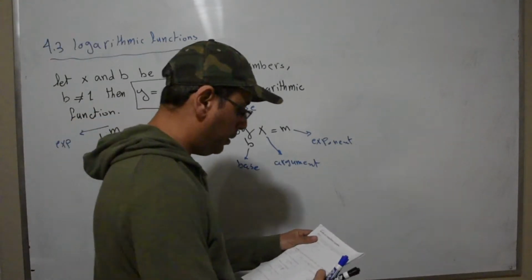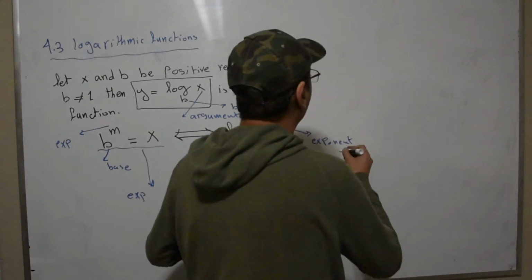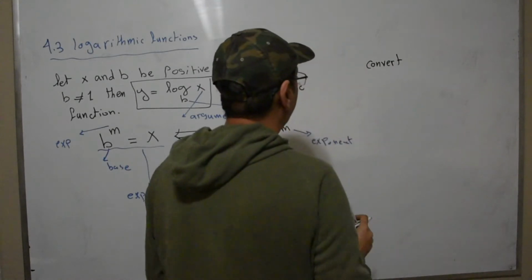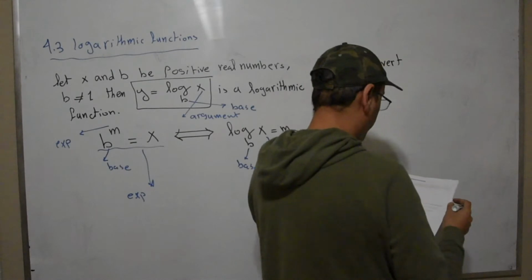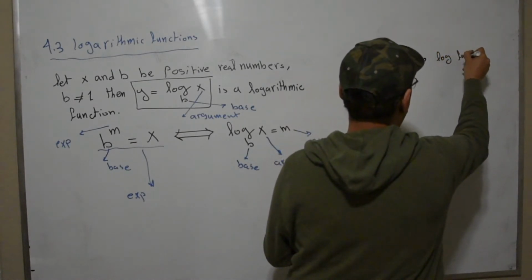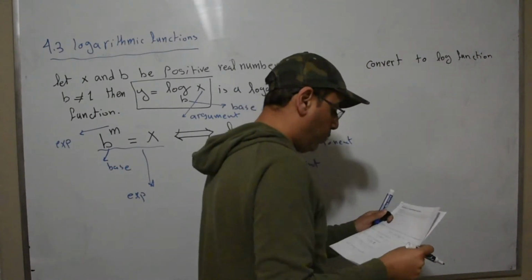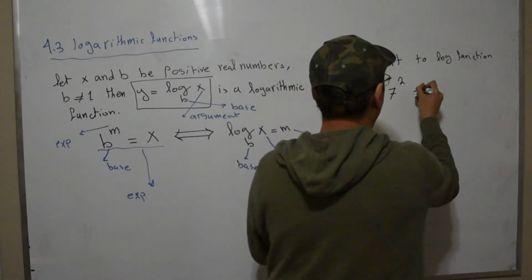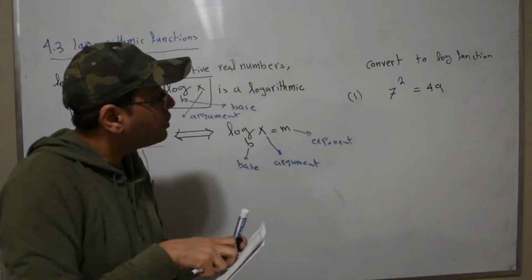I have an example here: convert these expressions to a logarithm expression. The first one, example 1, is 7 squared equals 49.